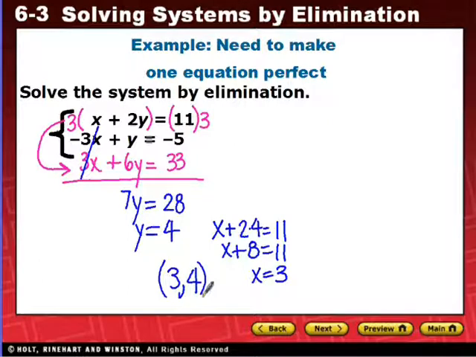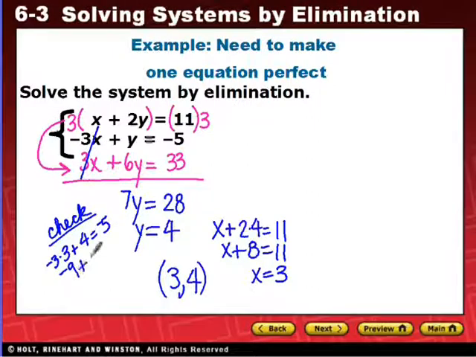Double check it in the second equation that we didn't use. Negative 3 times 3 plus y is 4 is supposed to equal negative 5. Negative 9 plus 4 equals negative 5, and that is true. Okay, we know that that works, so 3, 4 is our answer.